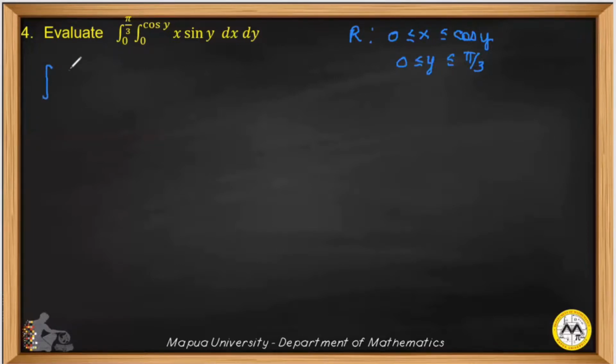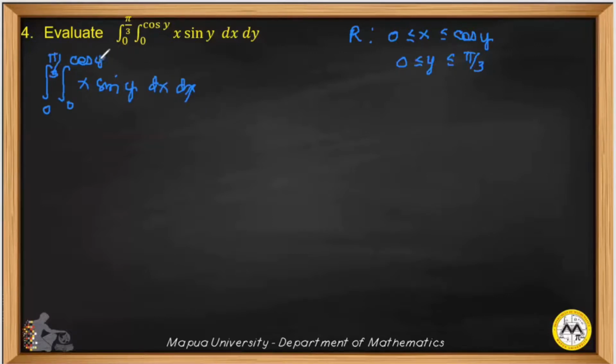We have the double integral of x sine of y dx dy, where x goes from 0 to cosine of y and y goes from 0 to pi over 3.